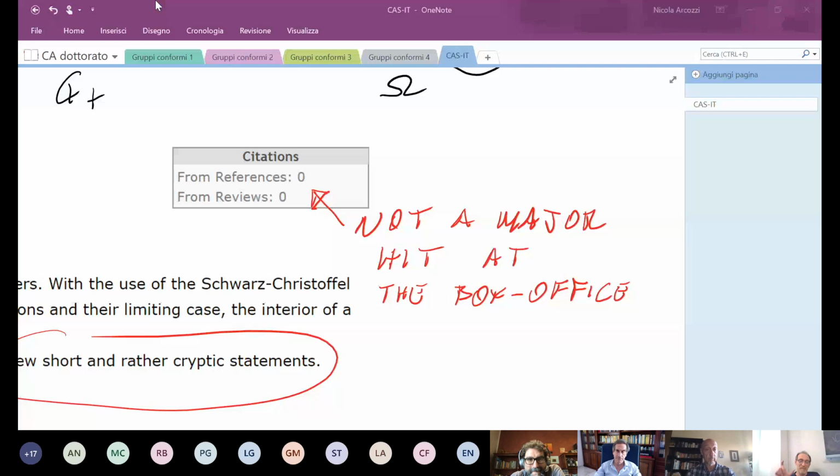Every 10 pages. But it is the basis of half of my PhD thesis. So your question is good, but it's too good. I have to think about it.